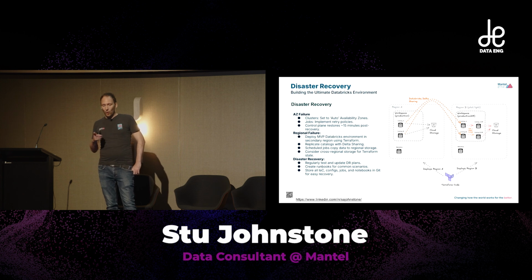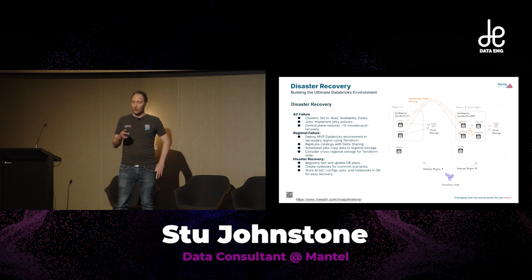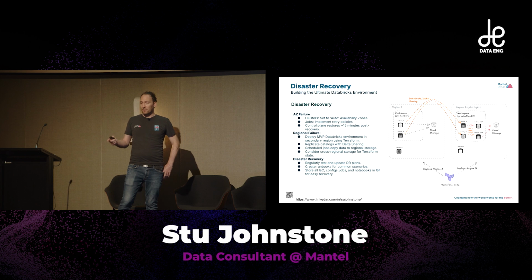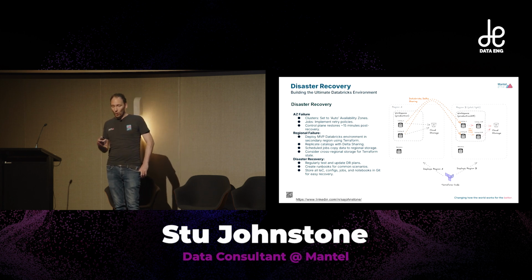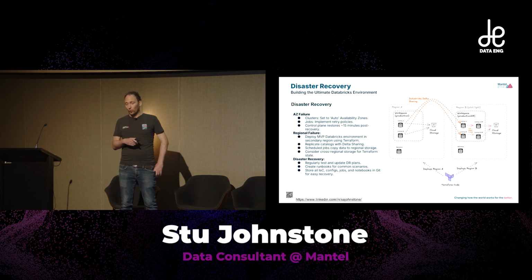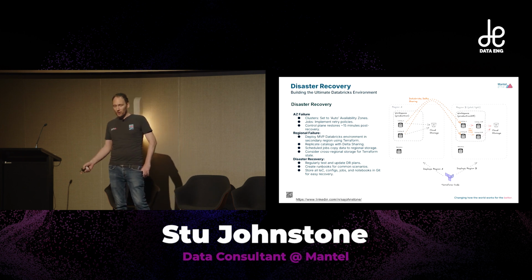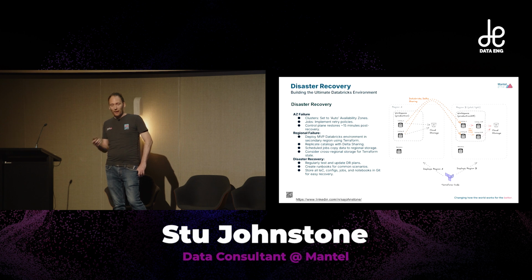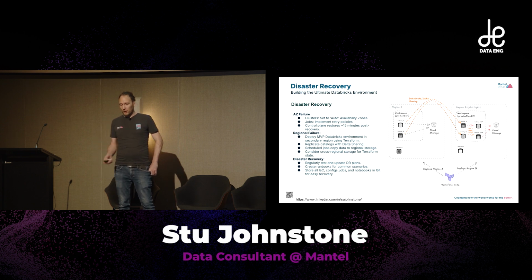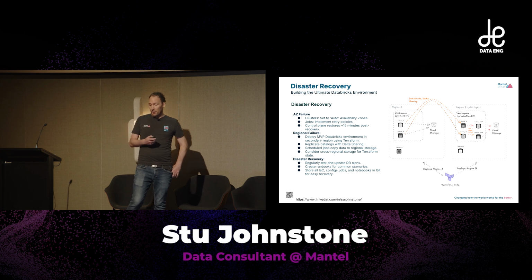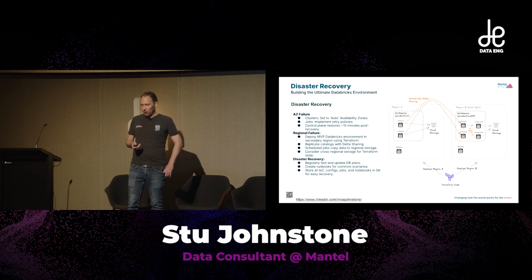First of all, with your catalogs, just make sure you are storing the data for these in specific storage locations rather than inside the actual physical metastore location. This makes it much easier to unpick everything and also allows you to tune those storage locations. Ensure everything's inside infrastructure as code, so all your jobs and notebooks and everything else are stored in repos and are stored in infrastructure as code.